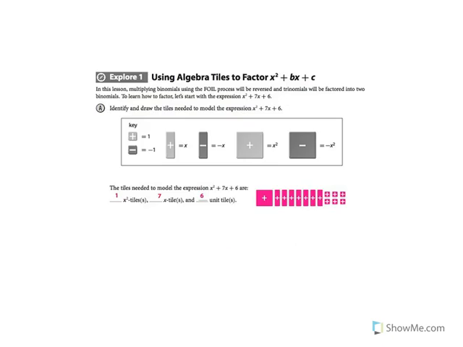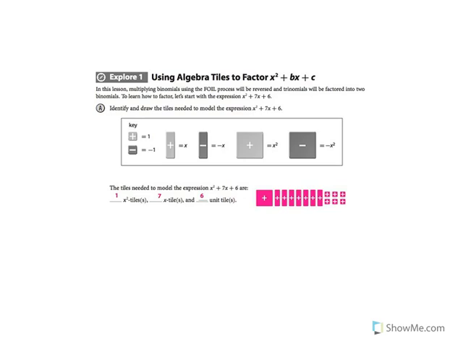Okay, let's move on to our next one. We see that we are using algebra tiles to factor. Since you're at home, you might not have algebra tiles, so you can use what I'm about to show you. Use a little square to indicate 1, a little square with a minus to indicate negative 1, a longer rectangular chip to be x, a rectangular chip with a minus for negative x, and the big square to mean x squared, and so on.